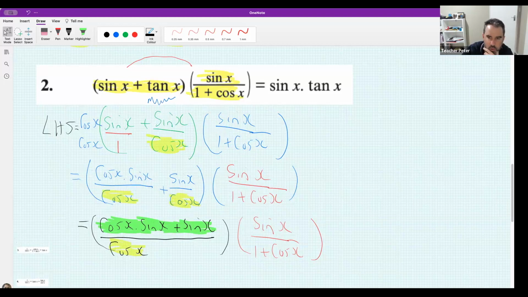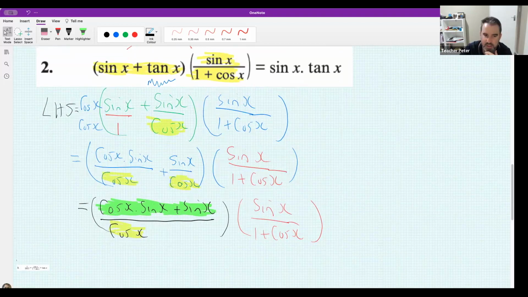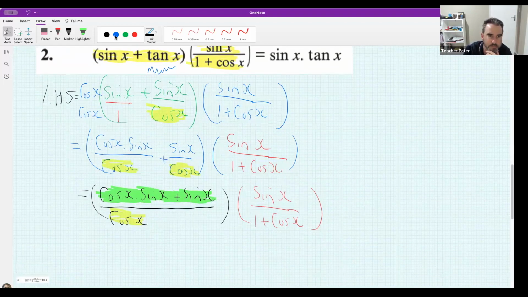Yes, it's realizing that there's actually a common factor there. And that common factor is sine x. So what will go inside that bracket? And we're going to leave the red one as it is.